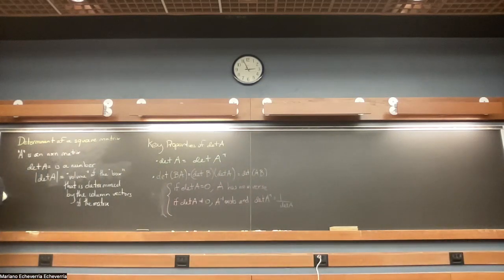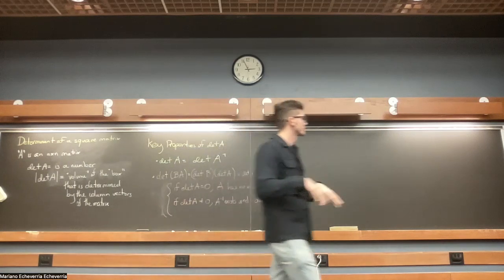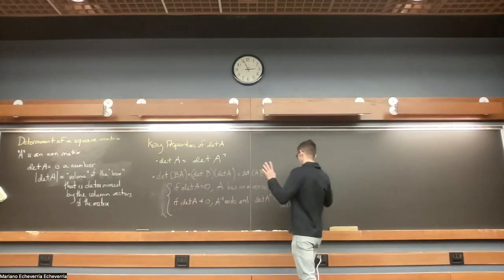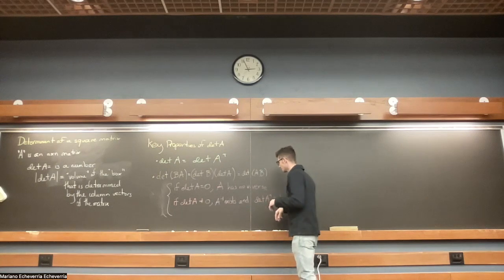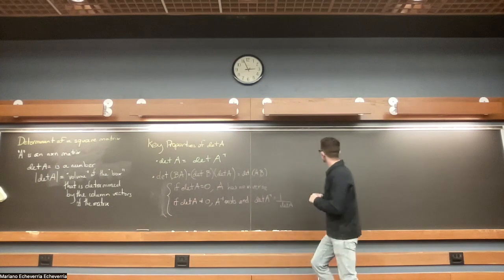Now what I have to tell you is how to compute the determinant in the general case. Going through the derivation of this formula would take us forever, so I'll just give you the formula and we'll take it as a black box that it works.